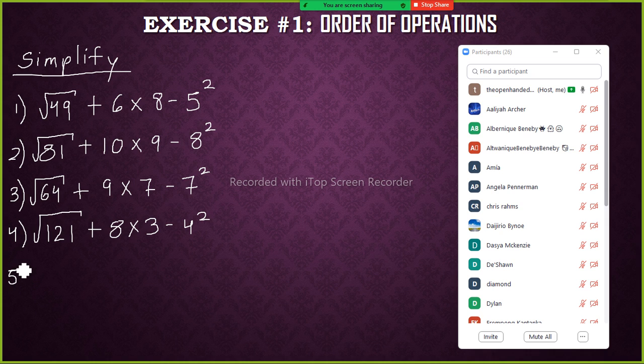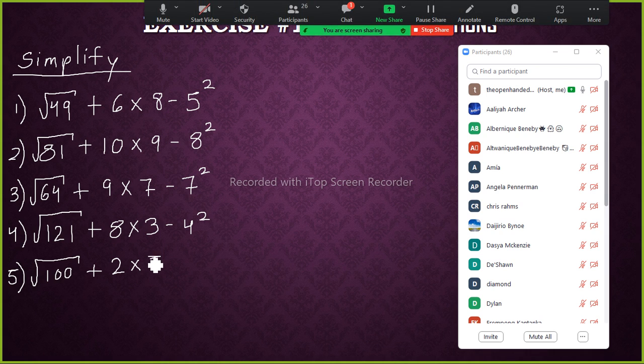Number 5, the square root of 100 plus 2 times 5 minus 1 squared.